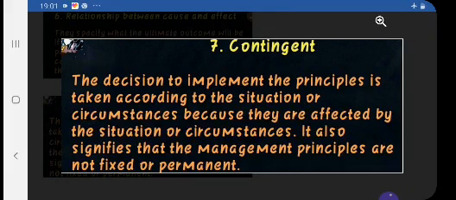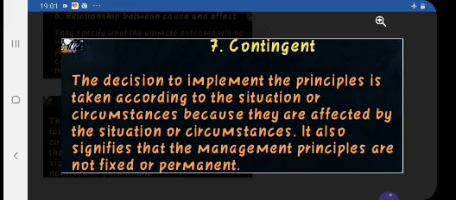Means from time to time it keeps on changing, and its implementation is not necessary. It depends upon the situation whether it should be followed in the organization or not. So the principles of management are not fixed or permanent.